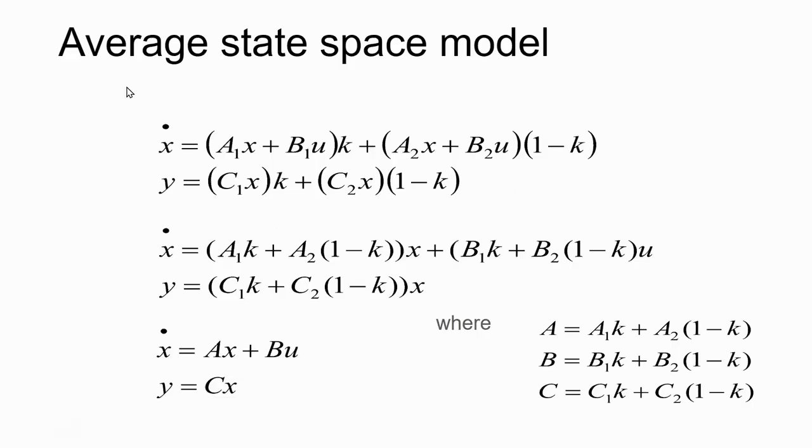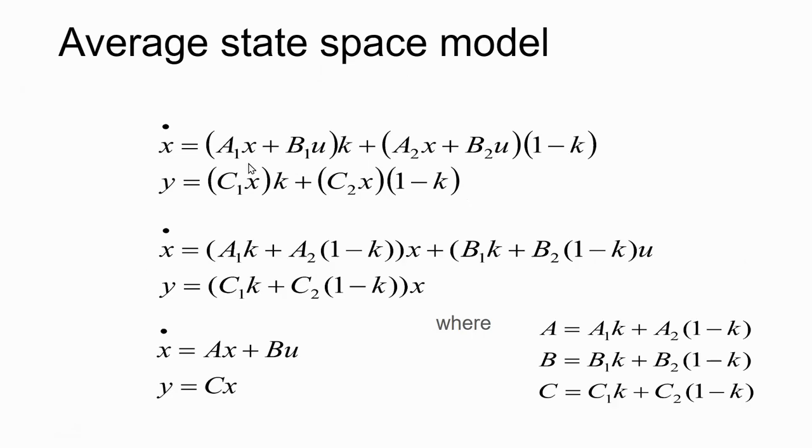To get the average state space model, we need to have this condition, that is x dot equal to, we have to combine both the state equations. So x dot equal to (A1x plus B1u) into K plus (A2x plus B2u) into (1 minus K). Similarly, the overall output equation for the average state space model is C1x into K plus C2x into (1 minus K).